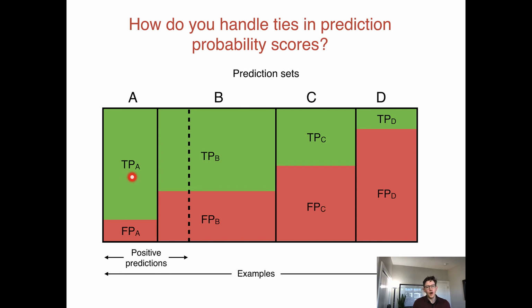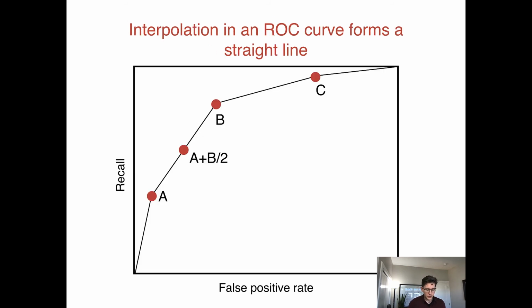Among that set, it has some true positives and false positives, and likewise for B, C, and D. Now, the pitfall here is, what if we're trying to compare algorithms that make different numbers of positive predictions?